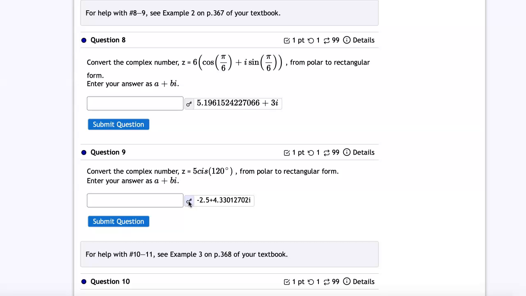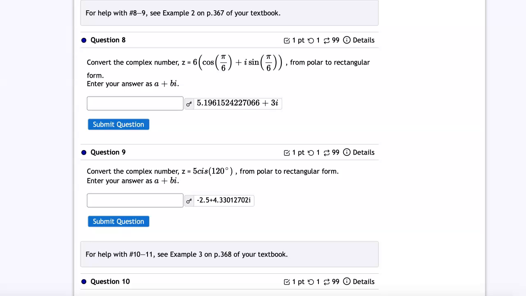So again, they have chosen to use decimal approximations for their grading, but these answers right here are the answers that My Open Math is going to be using to check your work. I would still advocate that you use exact answers wherever possible. That's the safest way to go.